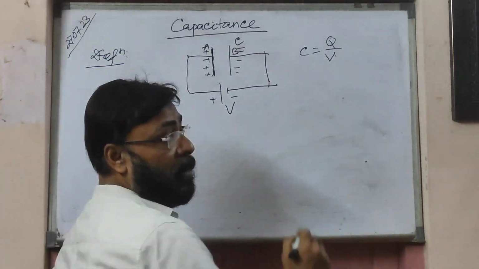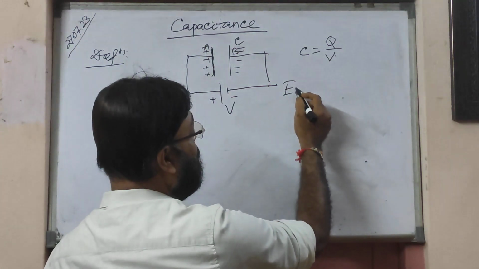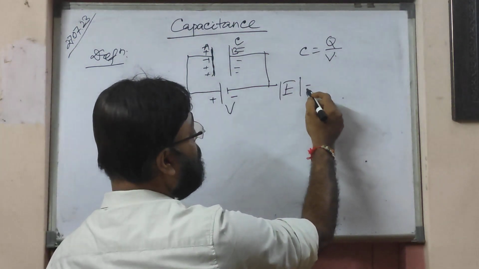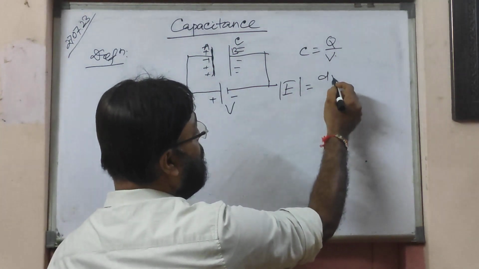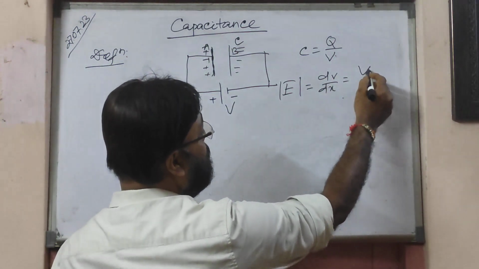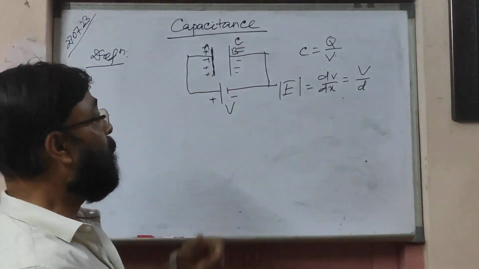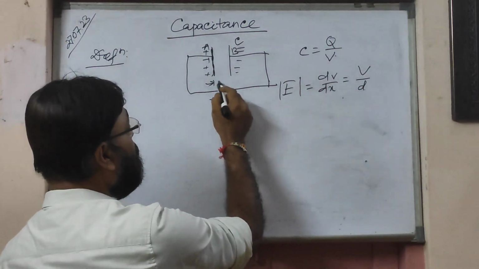We know that the electric field is given by the negative of the potential gradient, and if we take the magnitude of this, it will be dV by dx. In this case the voltage is V, and the distance between these two plates is d.